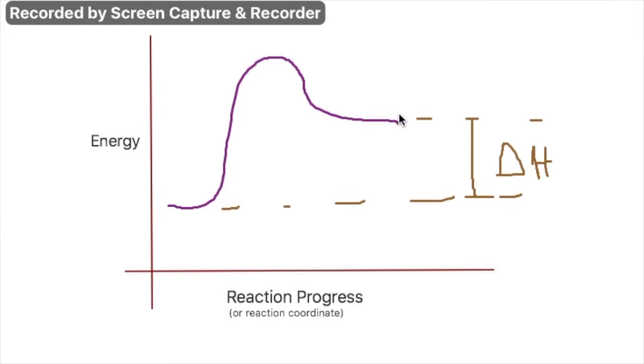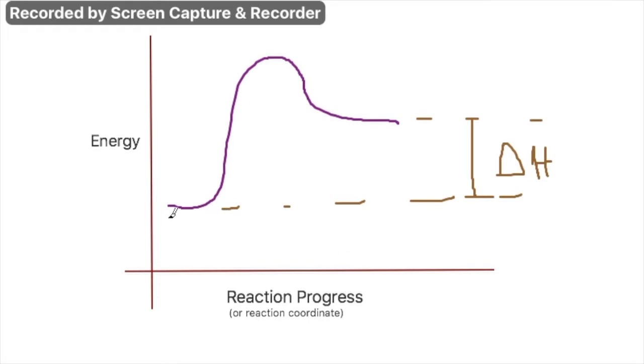So the part on this graph that kinetics is most concerned with is how much energy it takes to go from the very beginning up to the highest energetic point. And we call that amount the activation energy. So let's mark it on here.